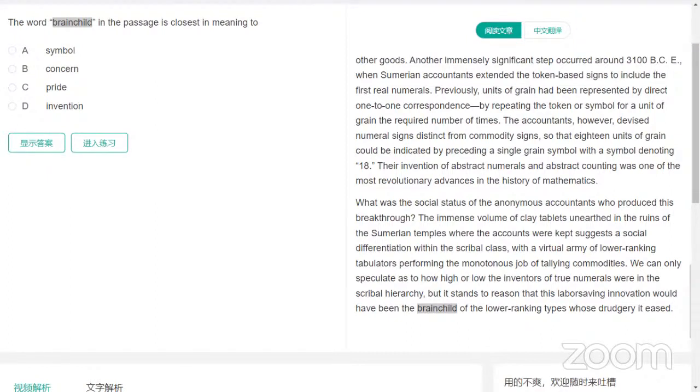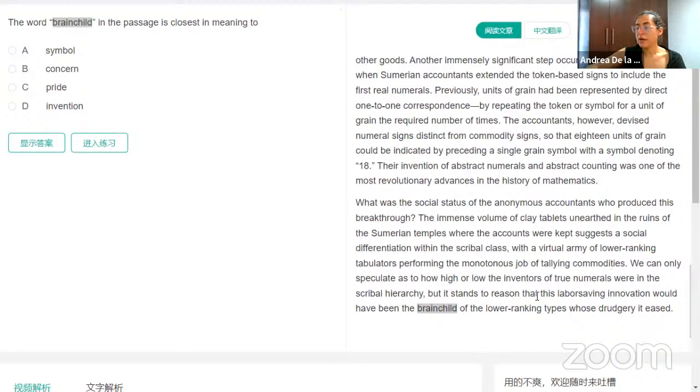Symbol. Okay, it says, we can only speculate as to how high or low the inventors of the true numerals were in the scribble hierarchy.